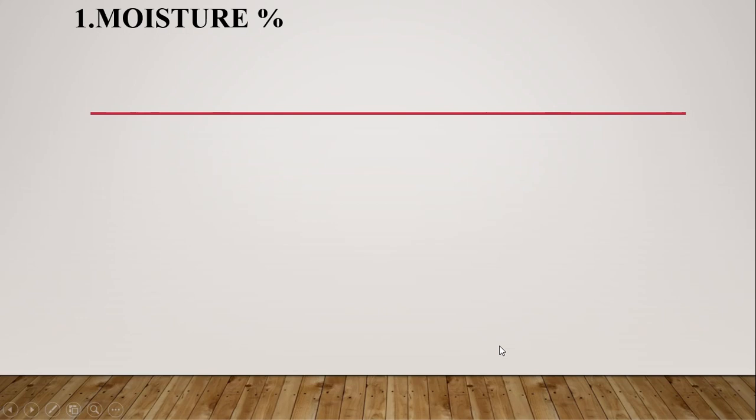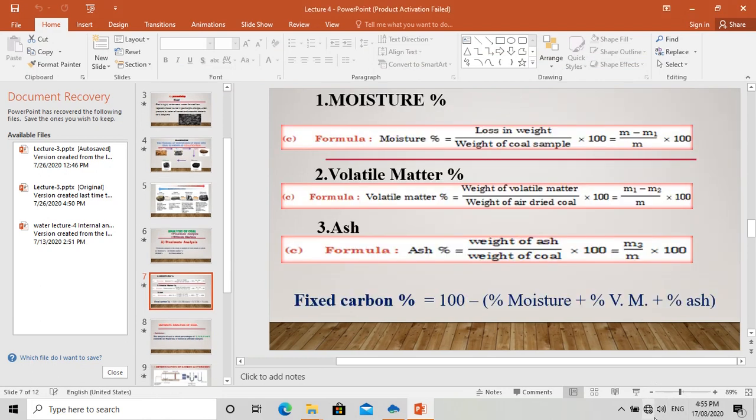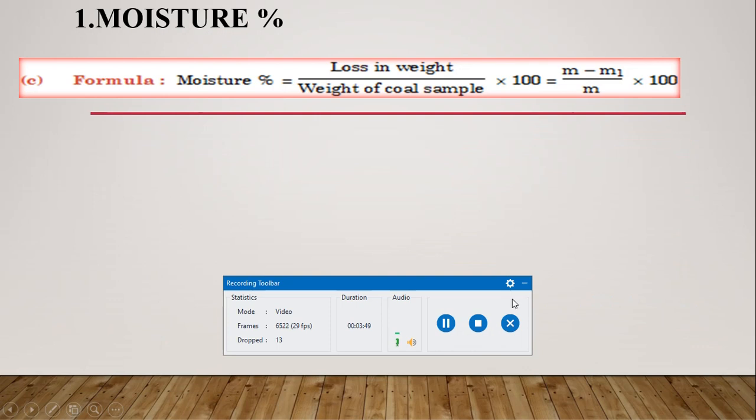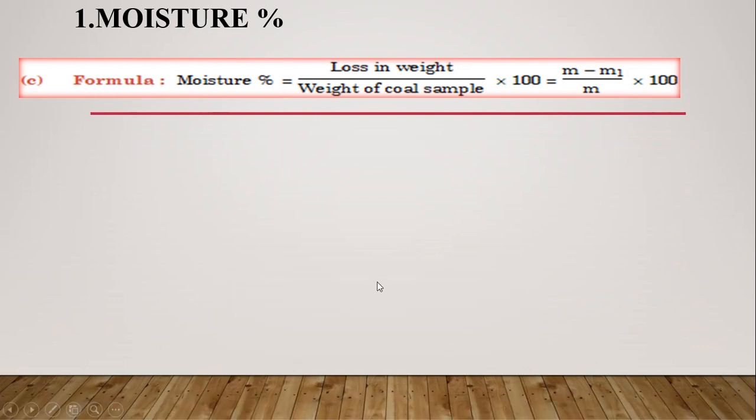Let us start with the first, moisture percentage. The moisture percentage is equal to the loss in weight upon the weight of coal sample into 100, that is (m minus m1) upon m into 100.